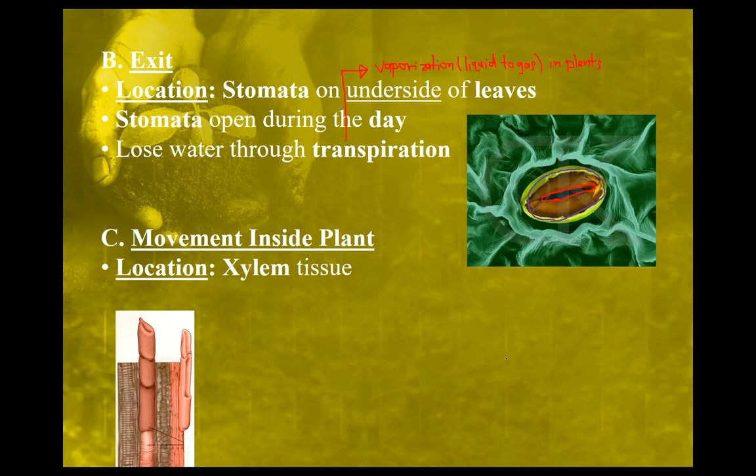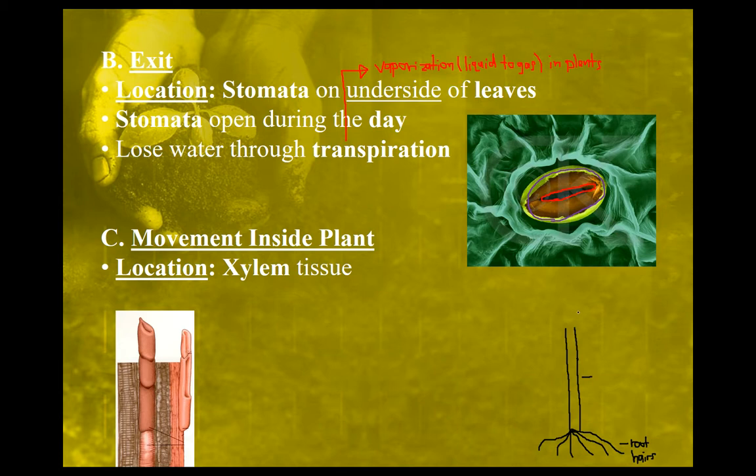Let's say we have our root hairs, a bunch of root hairs here. Think of the xylem tissue as just this large vertical straw that's inside the stem. This big straw goes from the root hairs all the way up to the leaf.